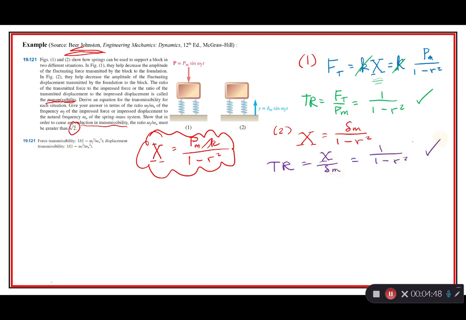So the first part was to show that the transmissibility is the same relationship with respect to omega f and omega n, but we know that's the same thing as r. All right, so we did that first part.